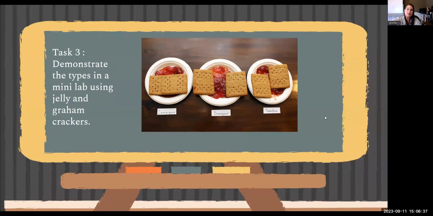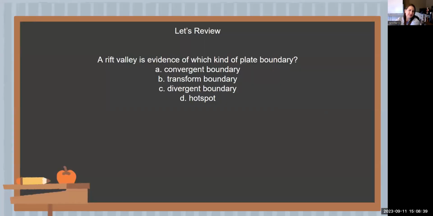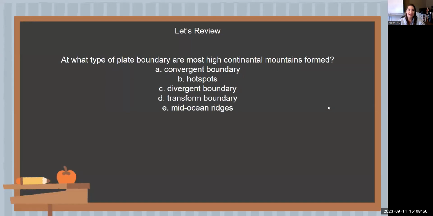All right, so now let's review together. A rift valley is evidence of what kind of plate boundary? What do you think? Divergent. At what type of plate boundary are most high continental mountains formed? The key word is mountains.